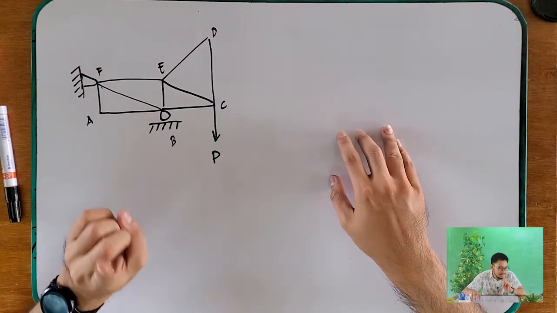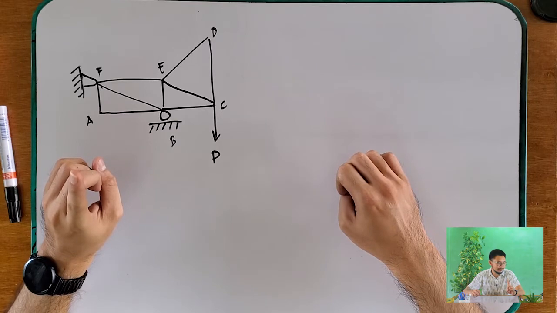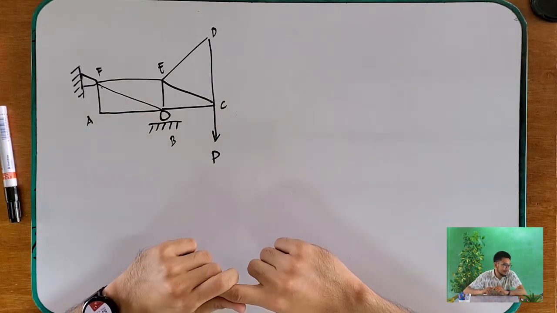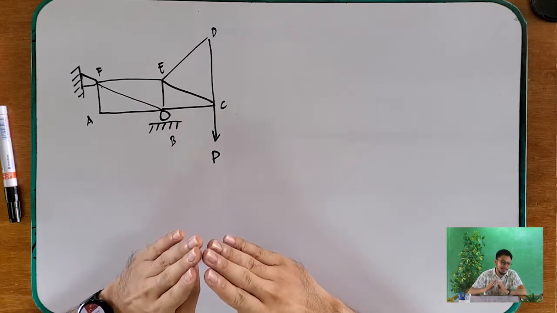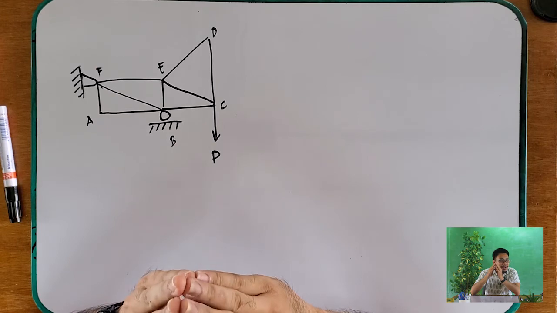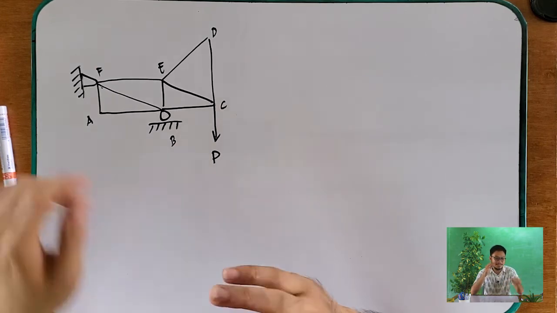So let's go to this first consideration. A member is a zero force member if these members, duha ni sila ka member, they are non-collinear. Okay, so duha na sila ka member that are non-collinear. Unsay pasabutan ng non-collinear?